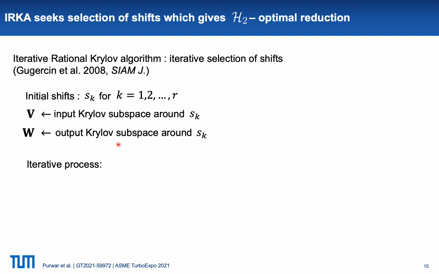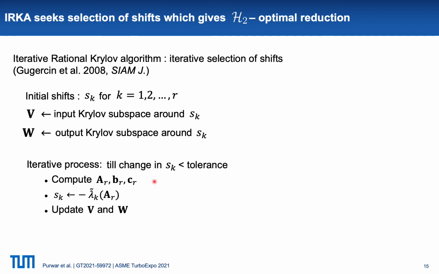Then an iterative process begins where these shifts are updated with the negative of the eigenvalues of the reduced system's A matrix. With the new shifts, the Krylov subspaces are also updated, and this process continues till the changes in shifts become smaller than a set tolerance.